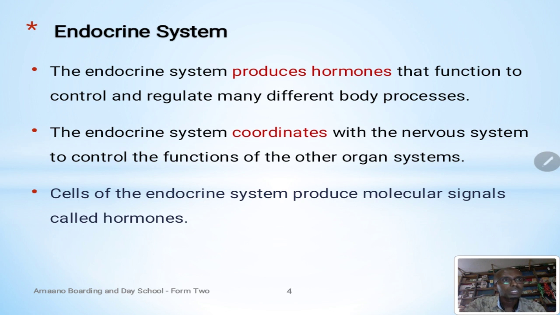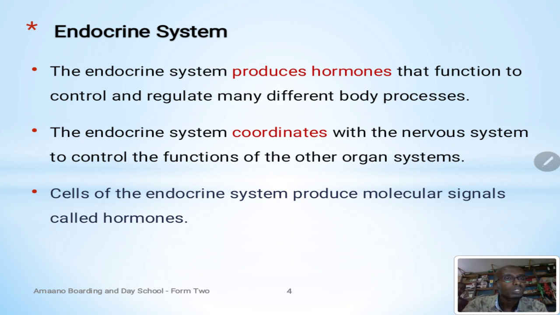How much urine the kidney produces depends on ADH. If the brain wants more water to be released from the body, it produces more ADH.